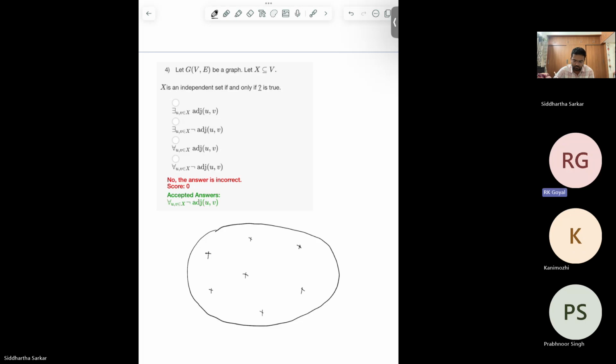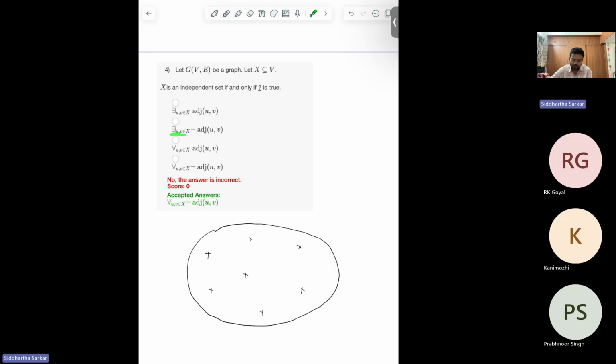The second option only says that there exists one pair of vertices that do not have connectivity. However, the last one says that for all pairs of vertices there should not be any connectivity. So this truly reflects the meaning of X being independent.